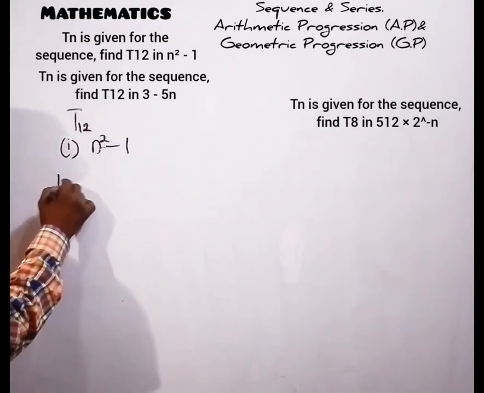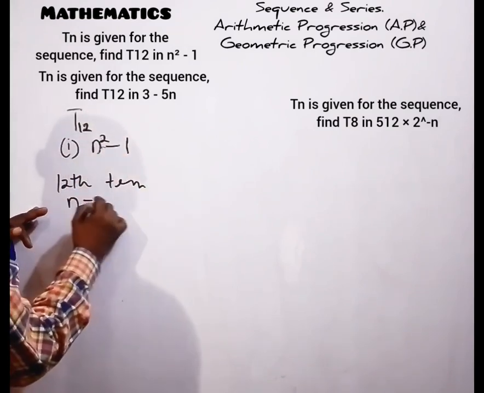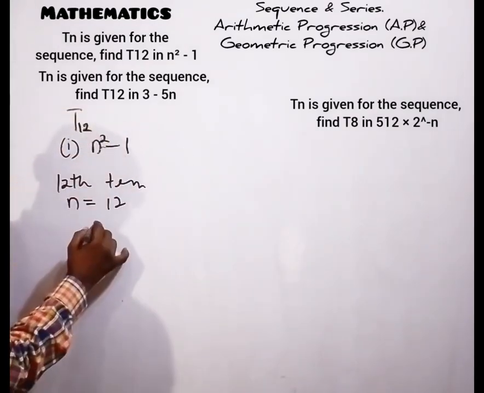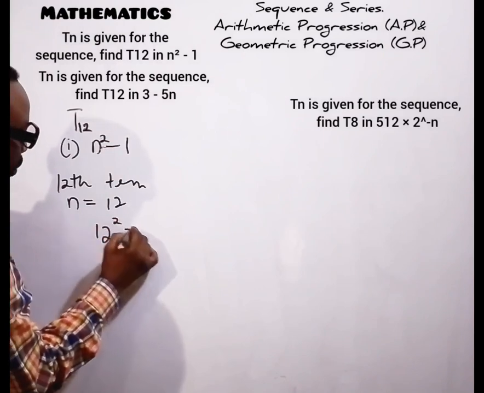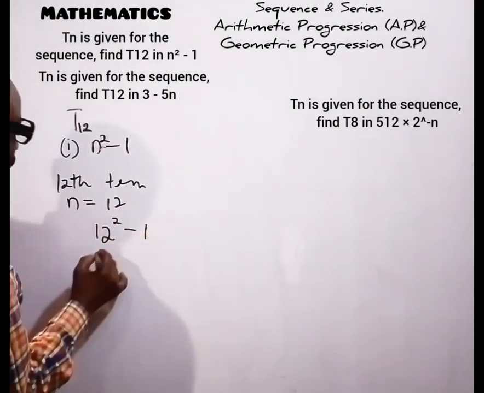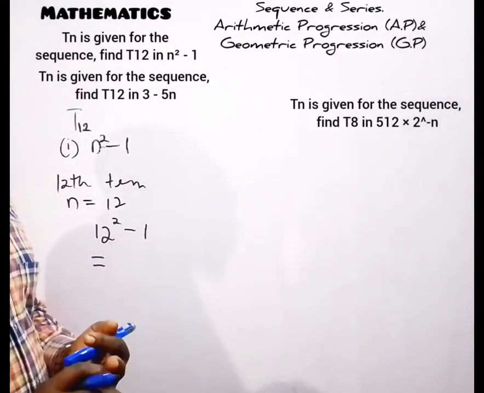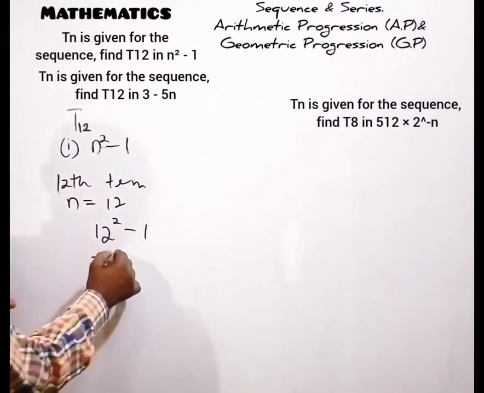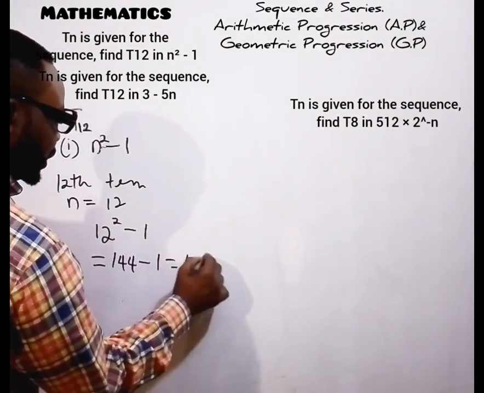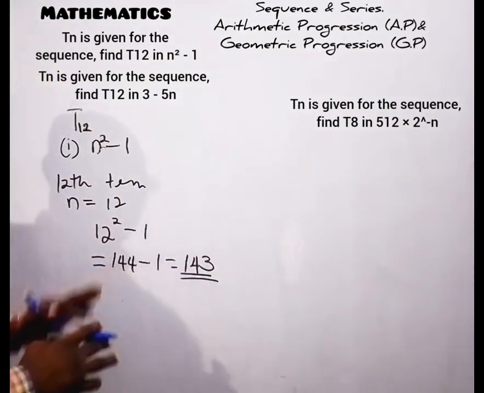So there, n is equal to 12. When n is equal to 12, then you see 12 raised to the power of 2 minus 1. What's the value of 12 raised to the power of 2? That is 12 times 12, which will be 144. 144 minus 1 gives us 143. That is the answer to this expression.